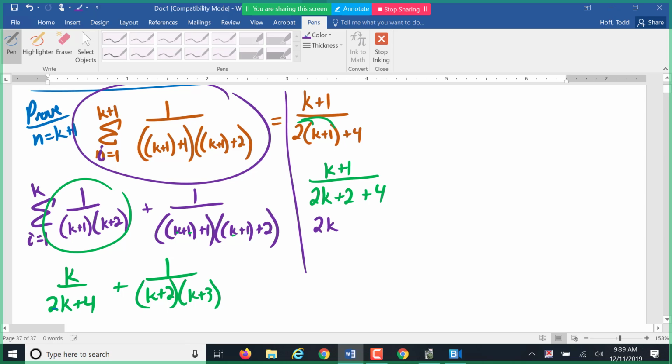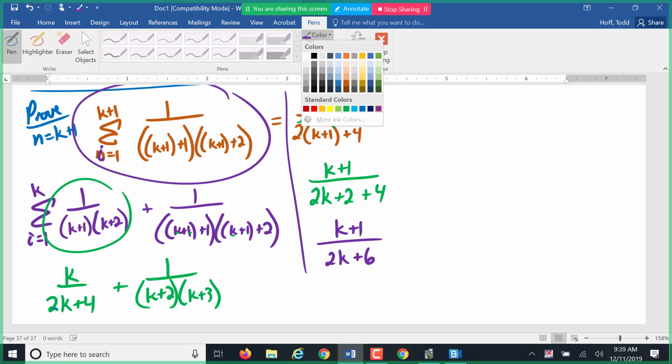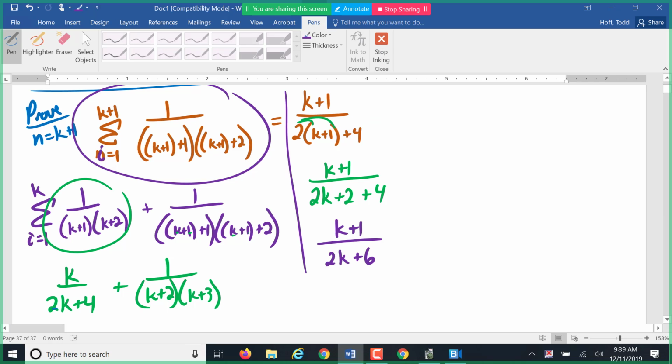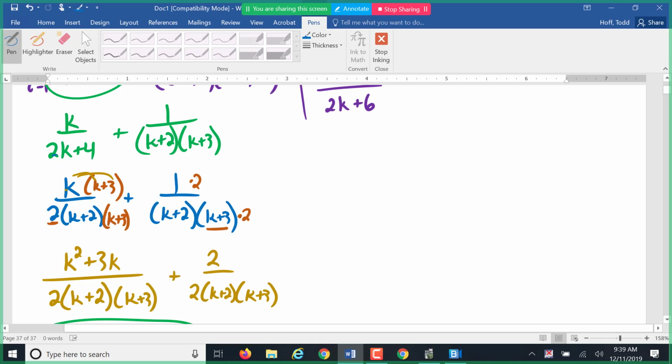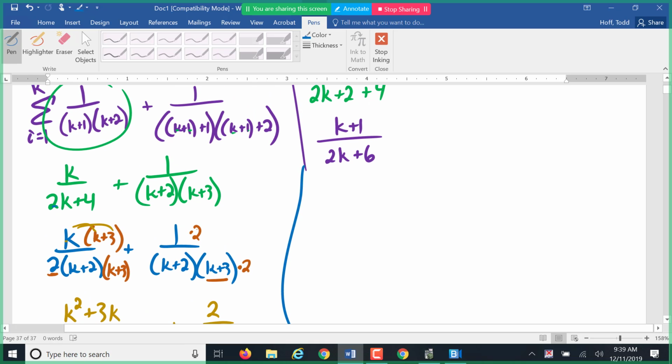Well, this is 2k, 2 and 4 make 6, so we've got k plus 1 over 2k plus 6. I'm going to factor out the 2 in that denominator. So I've got k plus 1 over 2 times k plus 3.